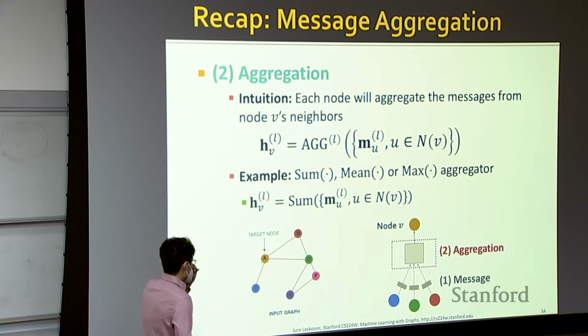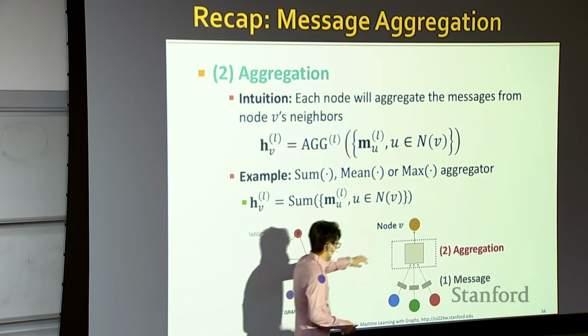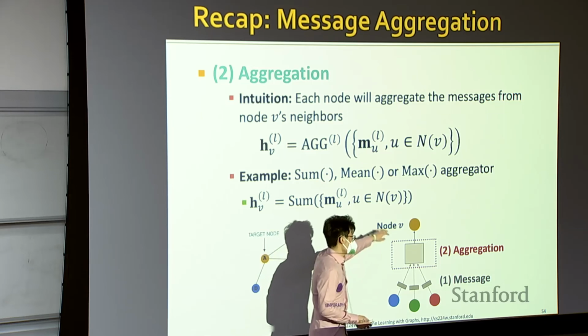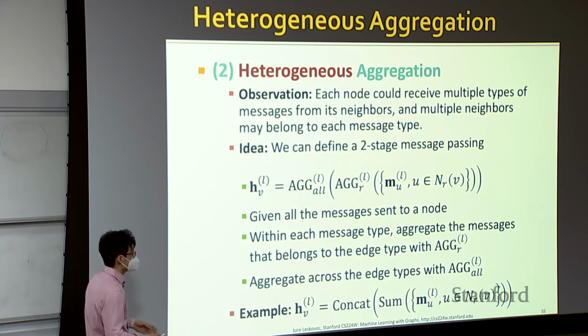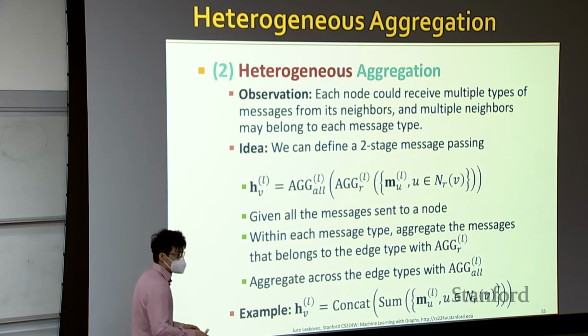And then we talk about the formulation of aggregation that aggregates the messages of a given node. In the language of heterogeneous graphs, the aggregation will be a 2-stage process. We also briefly touched on it in RGCN.